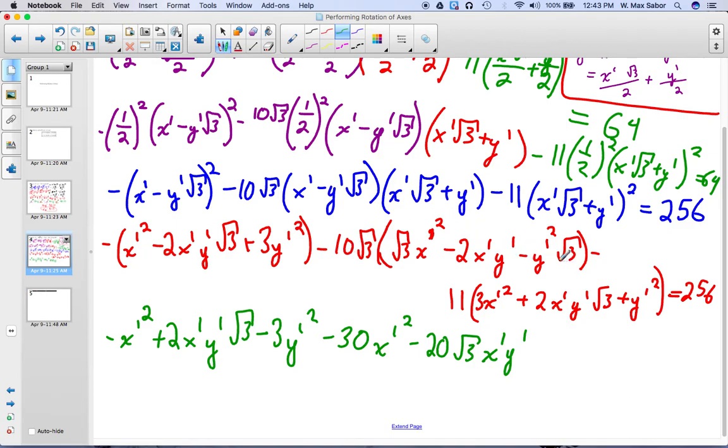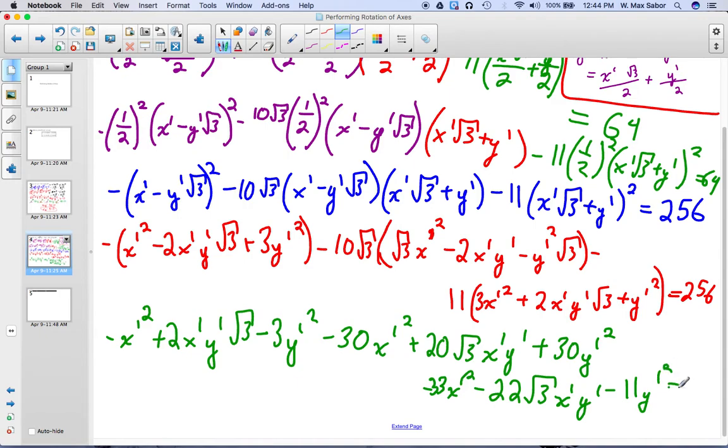Distributing 10 square root of 3, negative 10 square root of 3 becomes positive 30 y prime squared. Now we're distributing negative 11, negative 33 x prime squared, negative 22 square root of 3 x prime y prime, minus 11 y prime squared equals 256.